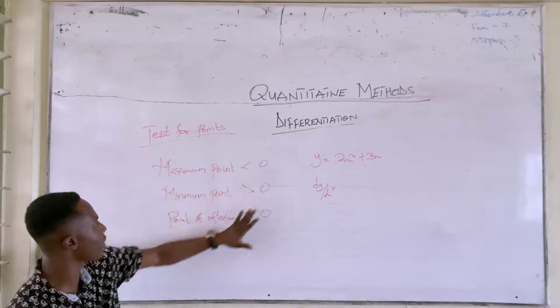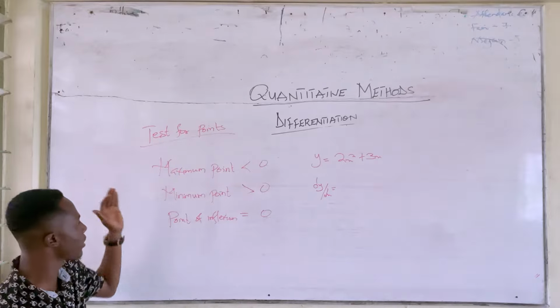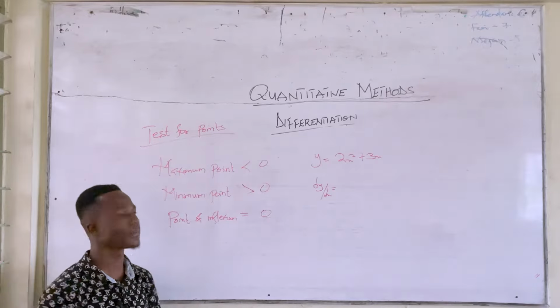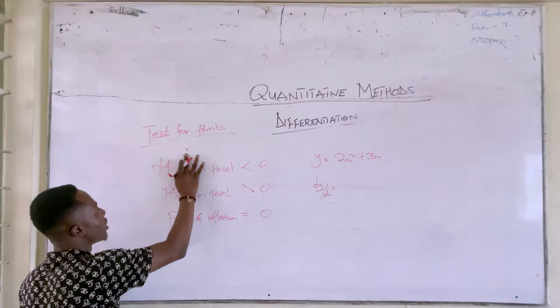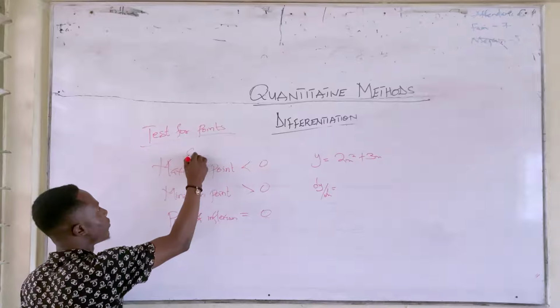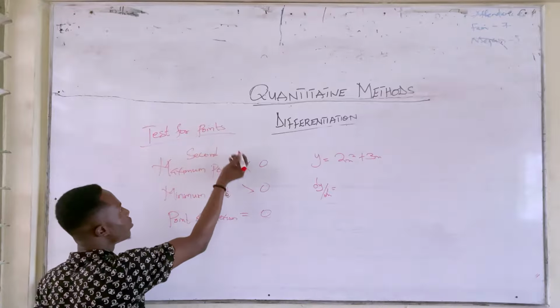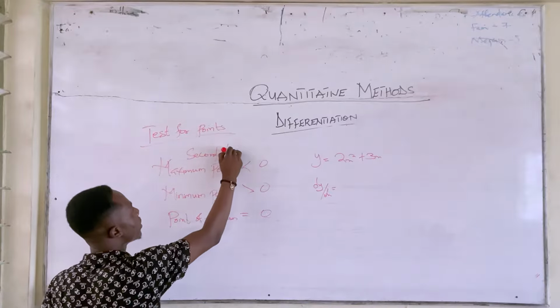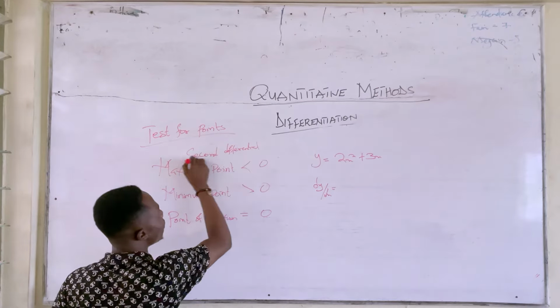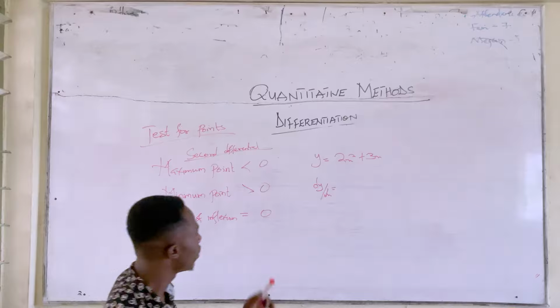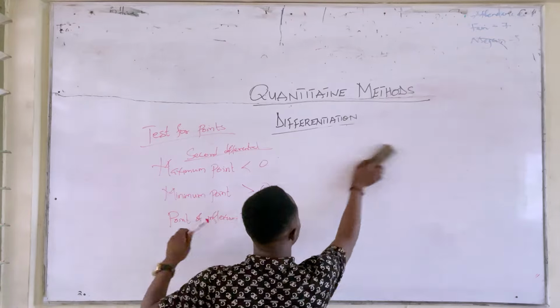After knowing maximum point, minimum point, and point of inflection, we use this under the second differential. I'll give you the steps and we run through some examples. Okay, before we move on to the question, let me hold on the question for now.